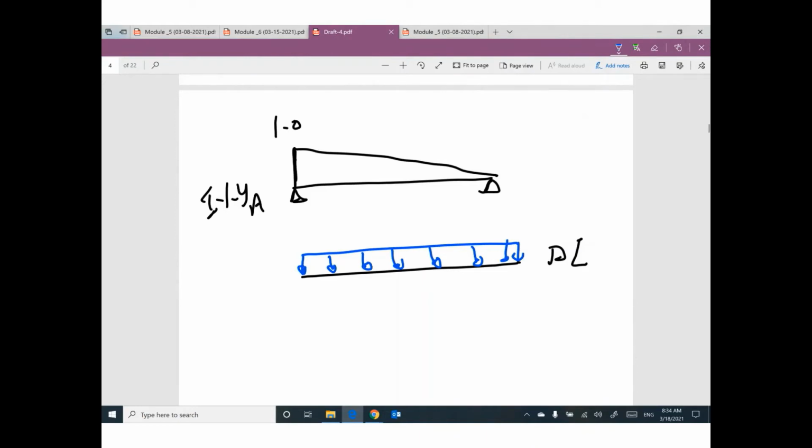In this case, the effect of dead load will be the value of dead load times area of influence line diagram.